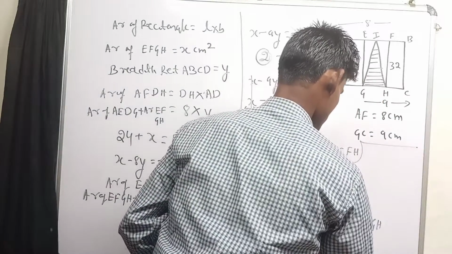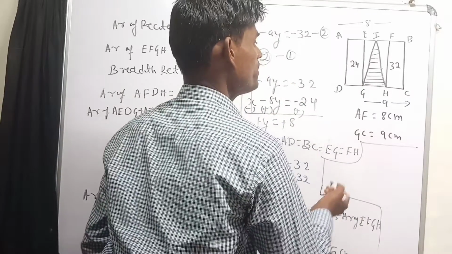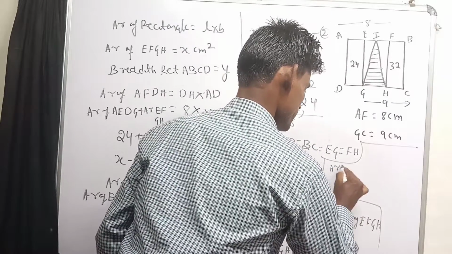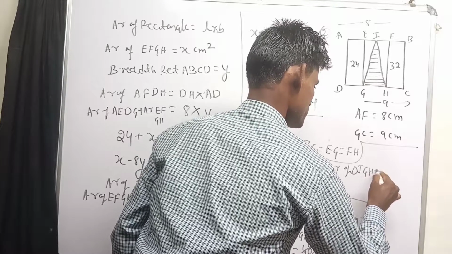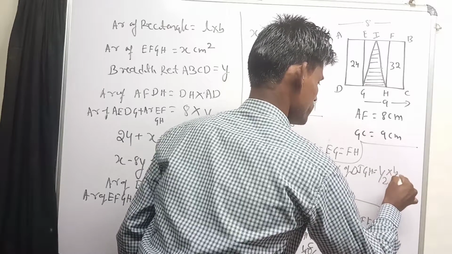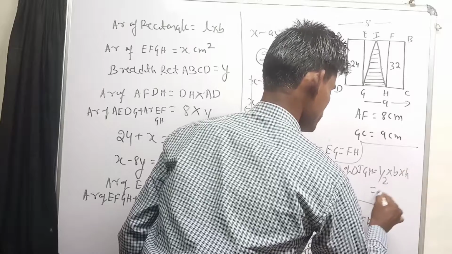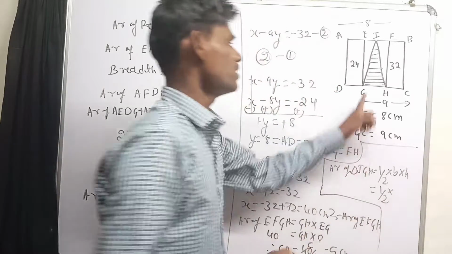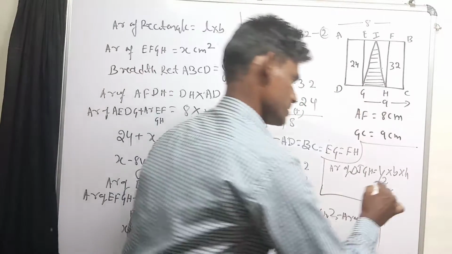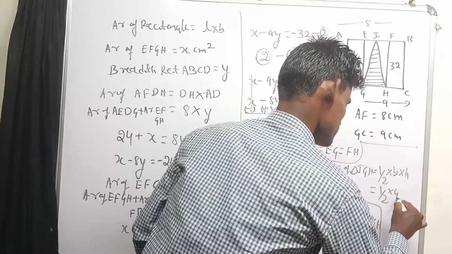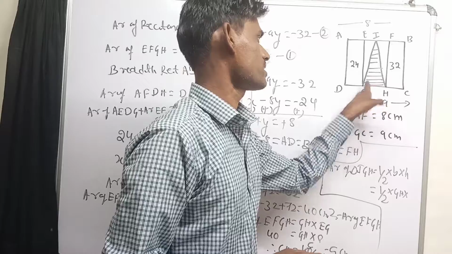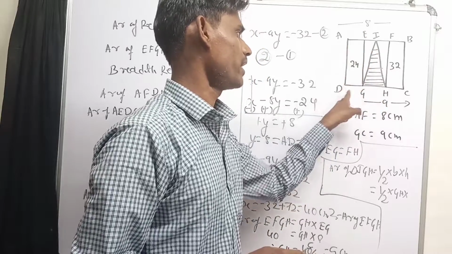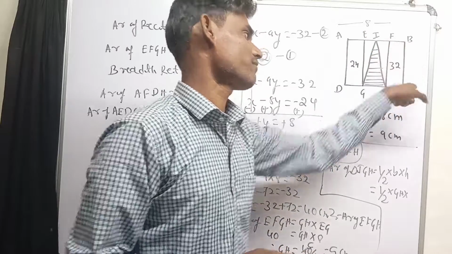Now we can find out the area of IGH. Area of triangle IGH is equal to half into base into height, which is half into the base GH into height. Height of this triangle we can consider either EG or AD. We can even consider HF and BC.